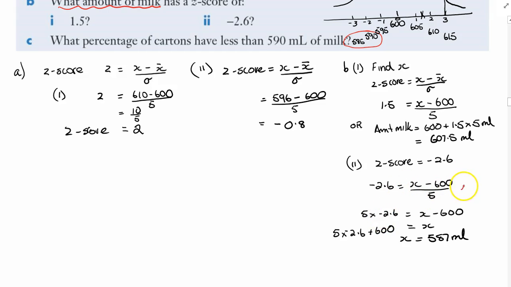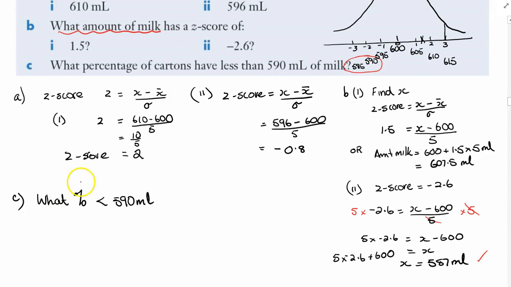I multiplied both sides by 5. And that's where this comes from. And then I brought the minus 600 over and added it, and I got 587, which I'd be very happy with because it is between 585 and 590.